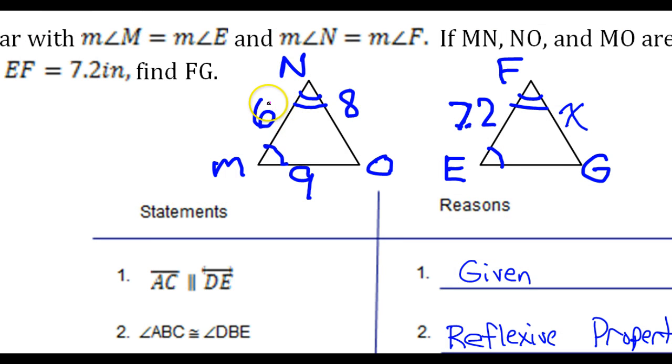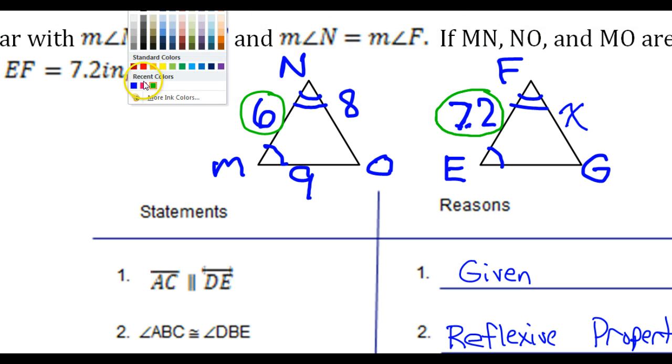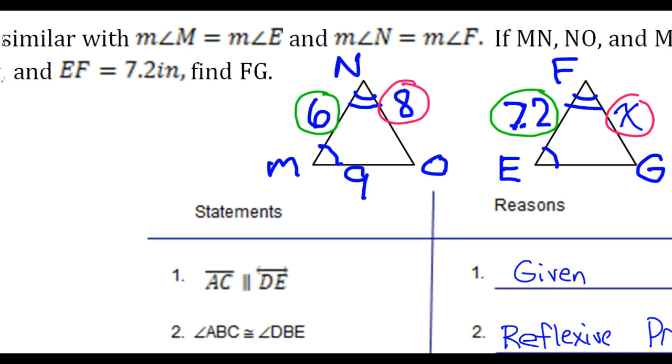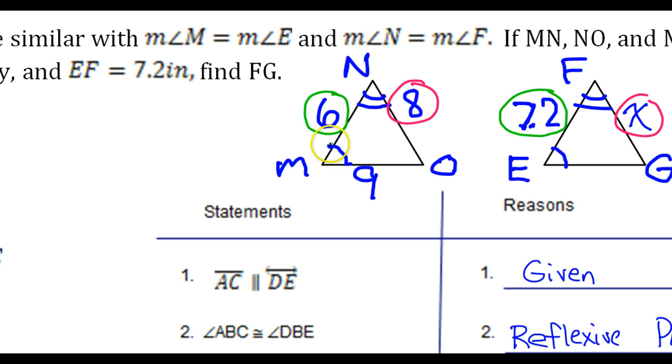Now let's look at corresponding sides. Alright, the 6 and the 7.2 are corresponding sides, and the 8 and the X are corresponding sides. So I can set up my proportion.